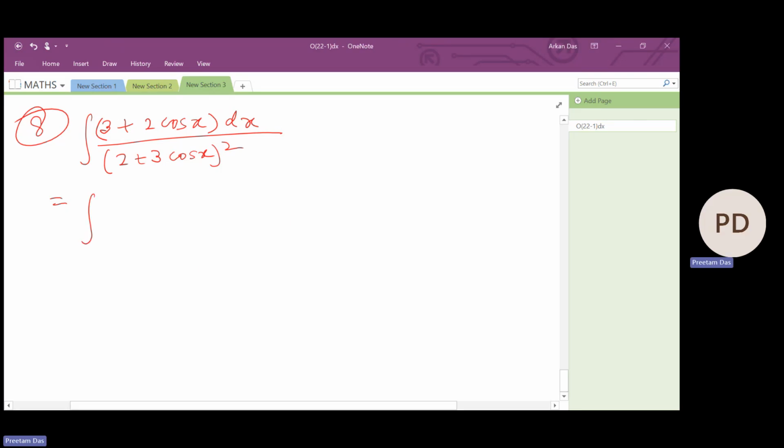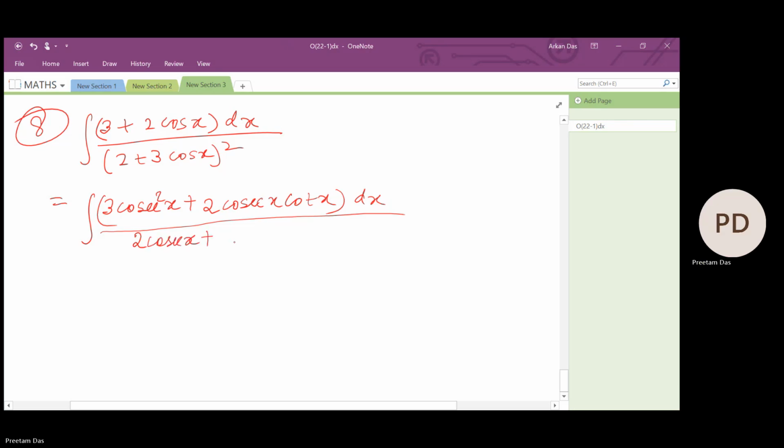So what will happen in this case? I will be trying to introduce cot here. For that, I have to multiply both the numerator and denominator by cosec square. So this becomes 3 cosec square x plus 2 cosec x cot x upon multiplication, and the denominator becomes (2 cosec x plus 3 cot x) square.